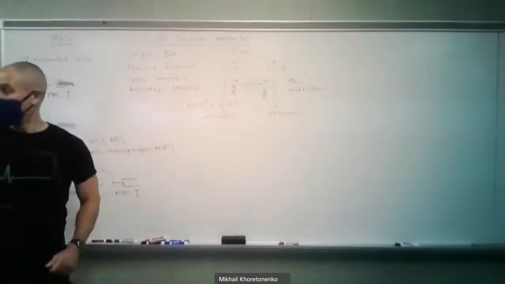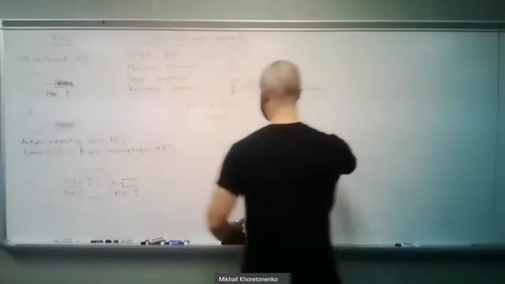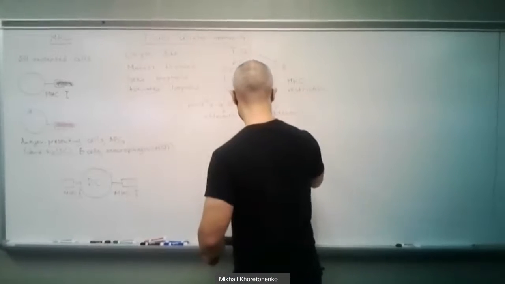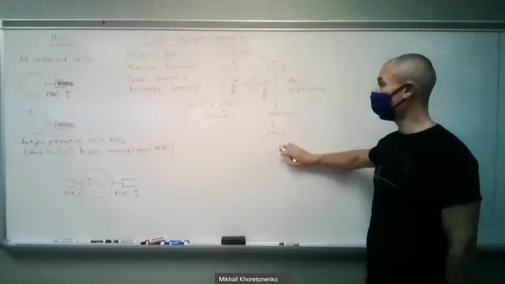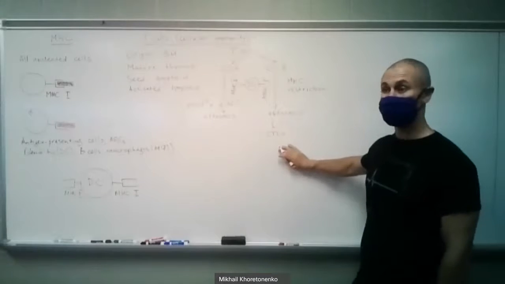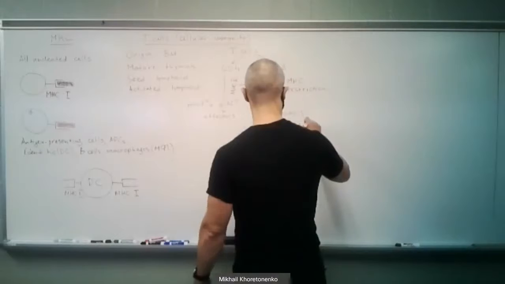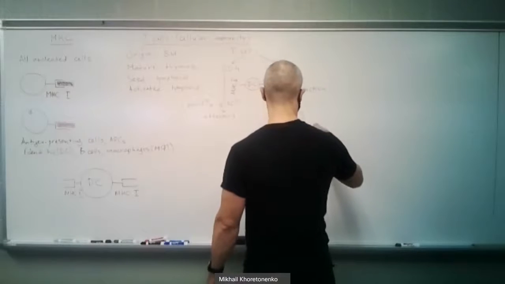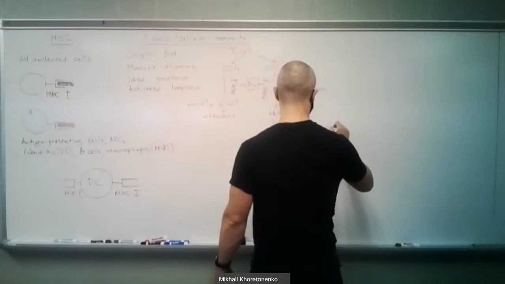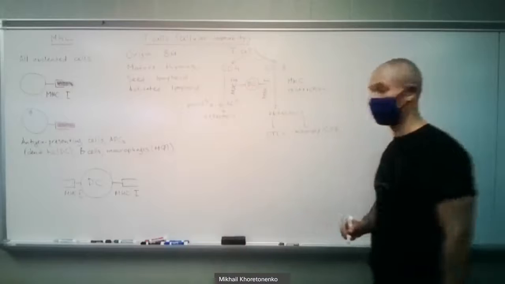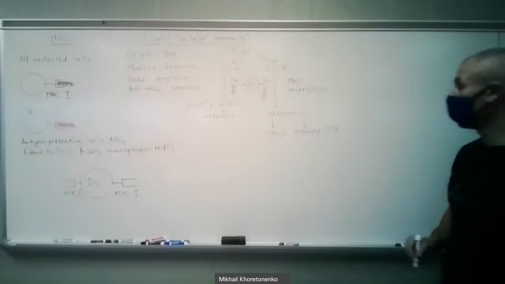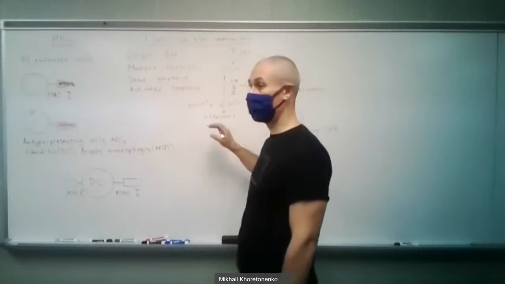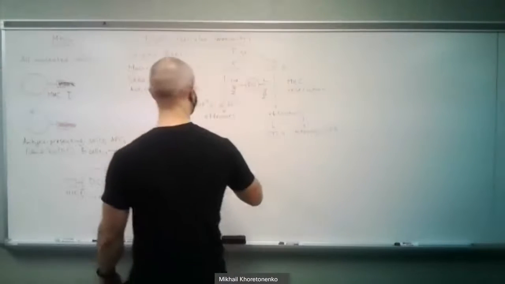So what are the effectors of CD8 cells? Cytotoxic lymphocytes, CTLs, sometimes referred to as T killers, and memory CD8 cells. Good? What are the effectors of CD4 cells?